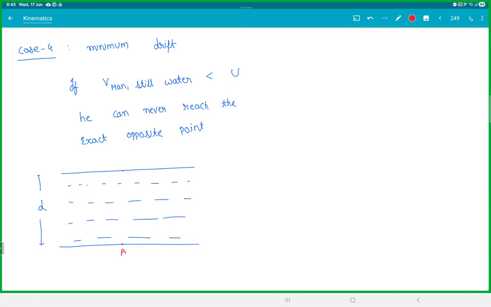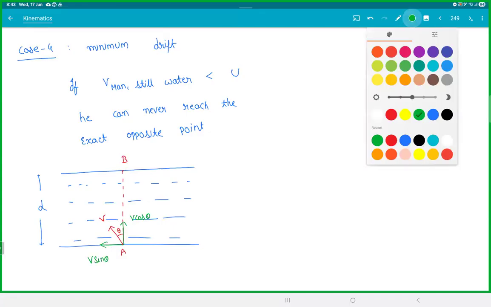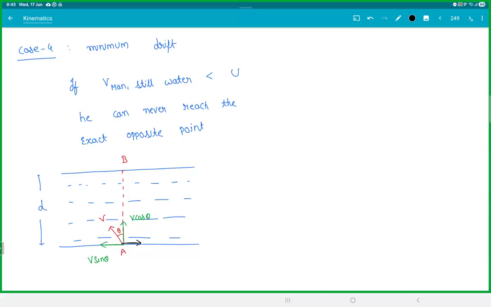So A, B, every time the story is the same. Let the man go at an angle with speed V, at angle theta. So the speed along the river is V cos theta. This component is V sin theta. The river is dragging you with U to the right side.